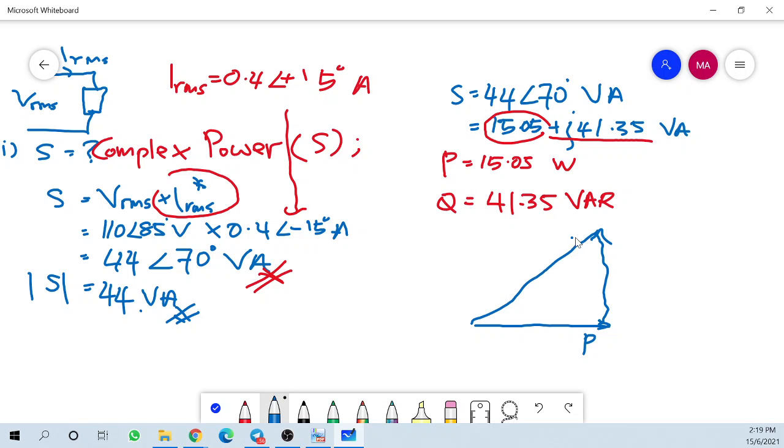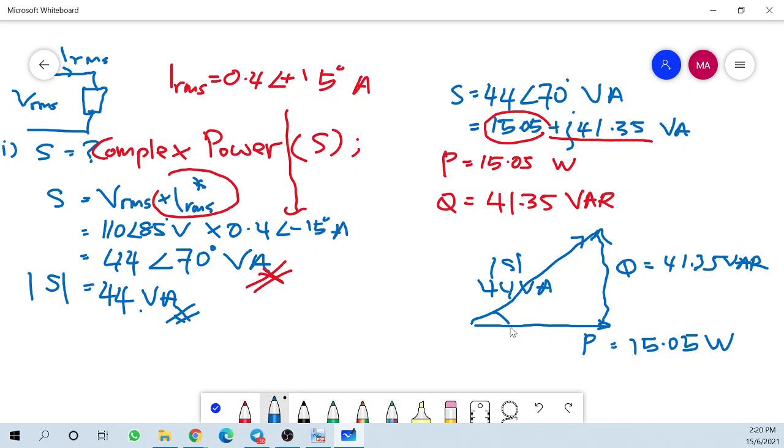Okay, and then this one is Q, and this one is the apparent power. So you have Q, 41.35 volt ampere reactive, and P equal to 15.05 watt. And then this is your S. S is 44 VA.